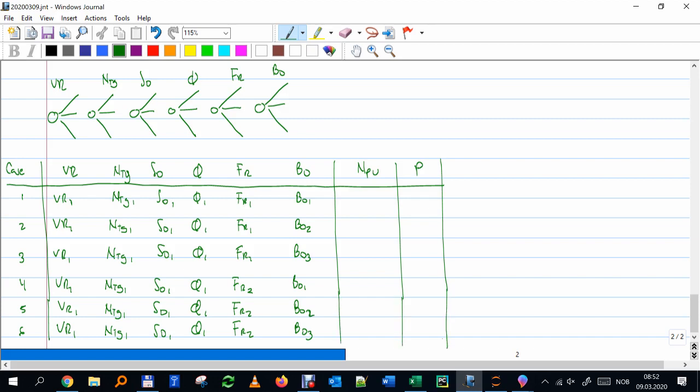For this particular case, if all of them are uniform, what will be the probability of each case? The same, right? If all input probabilities are uniform, then the probability of each case, we call it case or path, is the same.